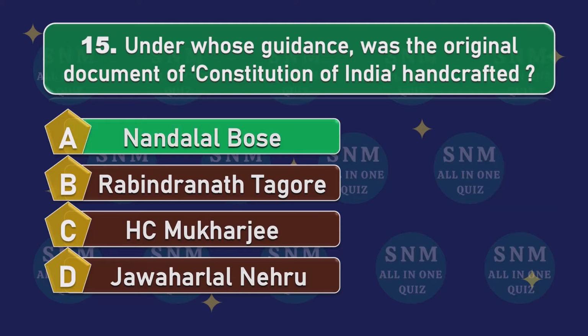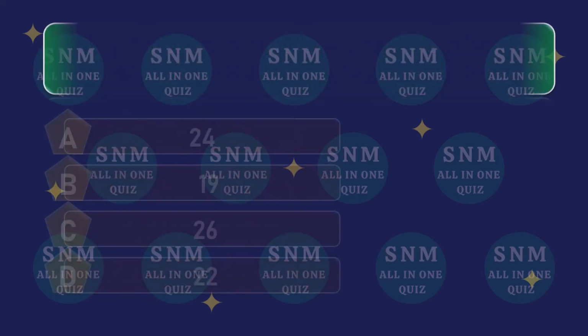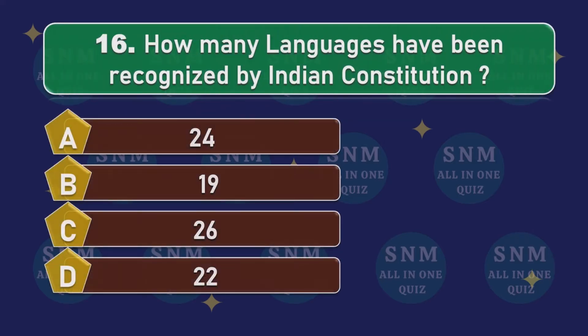Under the guidance of Nandalal Bose. How many languages have been recognized by Indian Constitution? 22 languages.